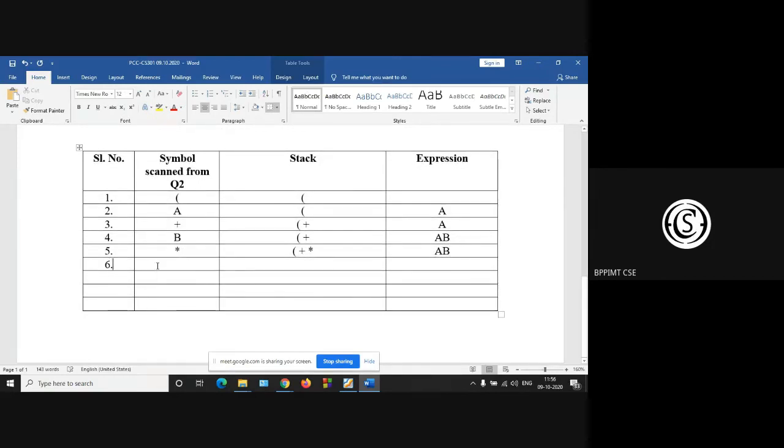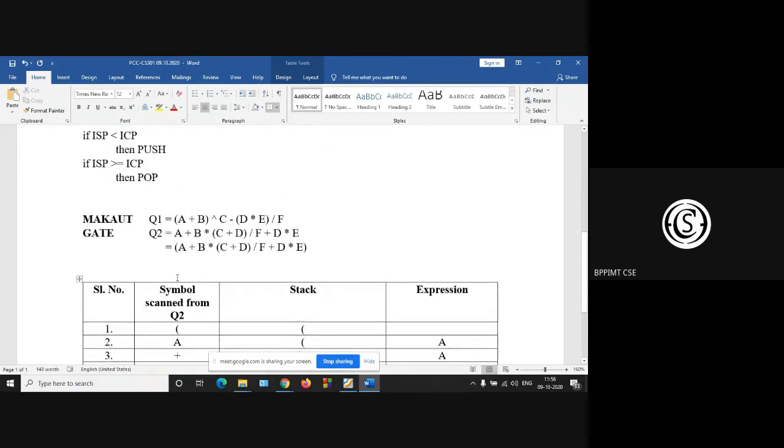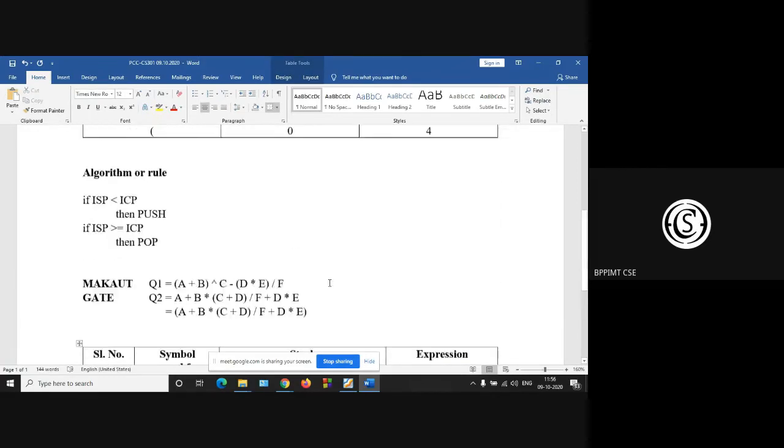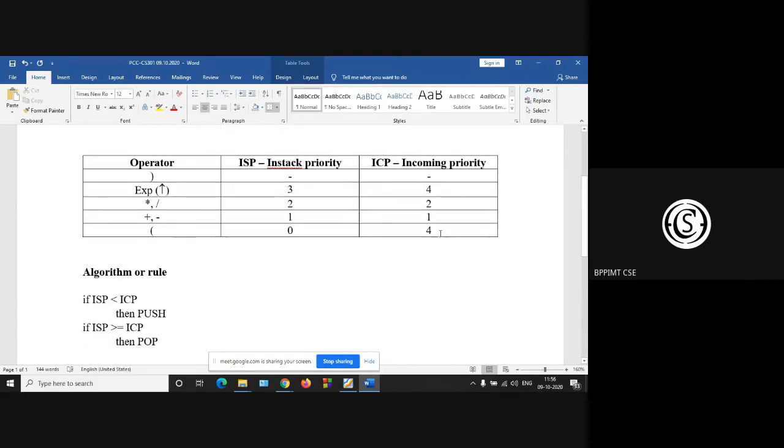Number 6. Now open bracket. Okay. So for the opening bracket, the incoming priority is the highest, 4.